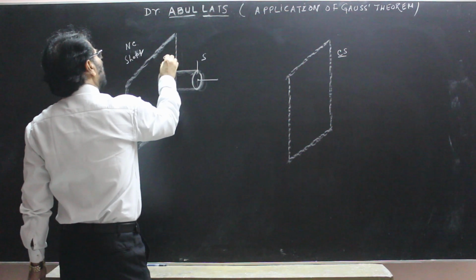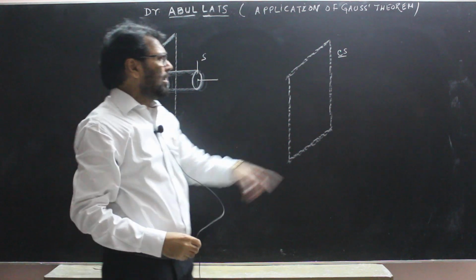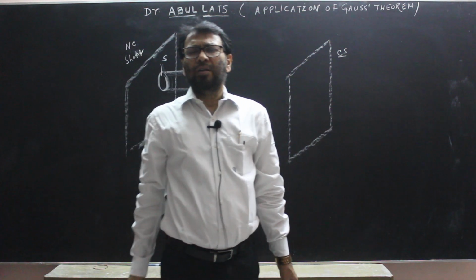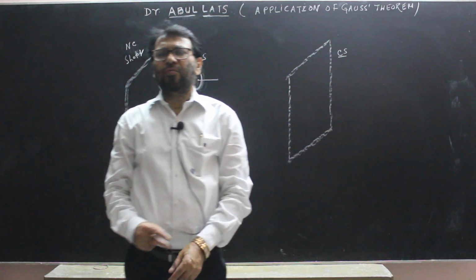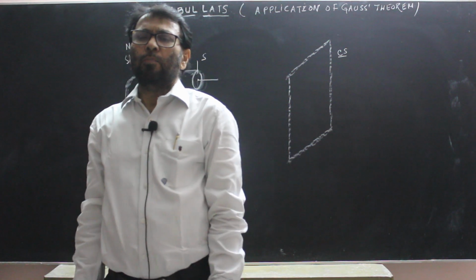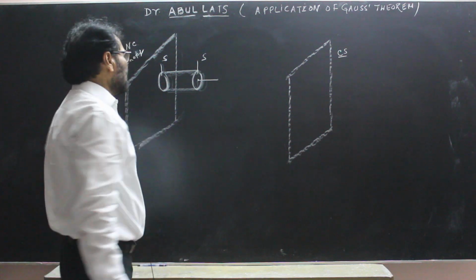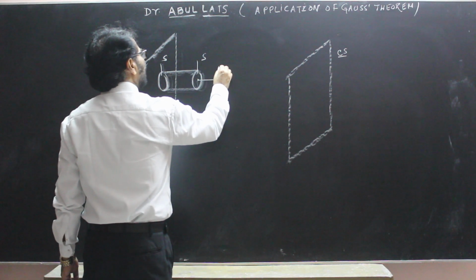We have already proved that for an infinitely long sheet or infinitely long linear charge, the electric field is perpendicular to the surface. So the electric field is like that.